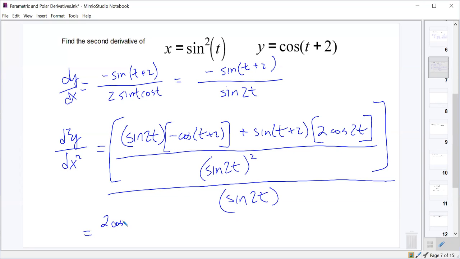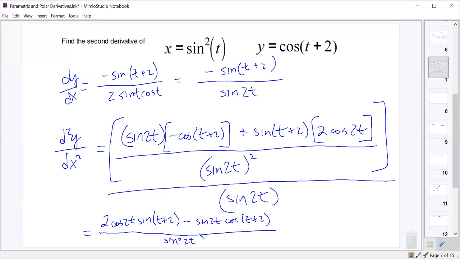Something like 2 cosine 2t times sine of t plus 2 minus sine 2t cosine of t plus 2, all over sine cubed 2t. I just flipped the terms of the numerator around so I didn't have a negative out in front, but if you left it the other way, that's fine too.